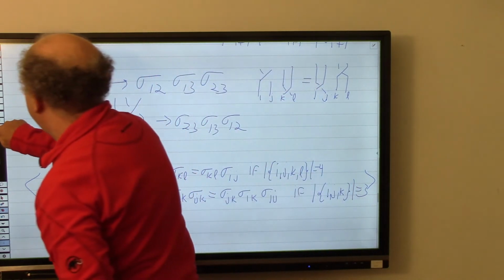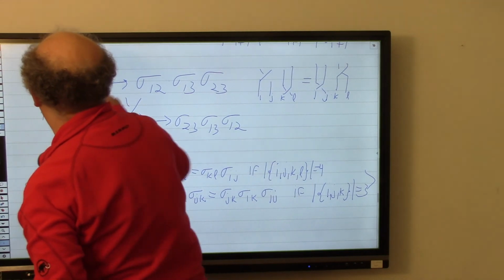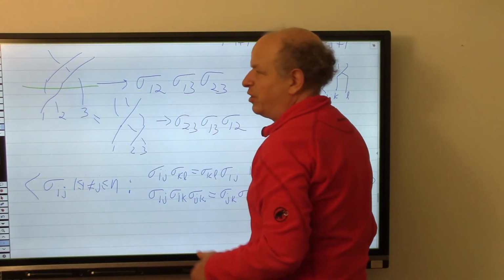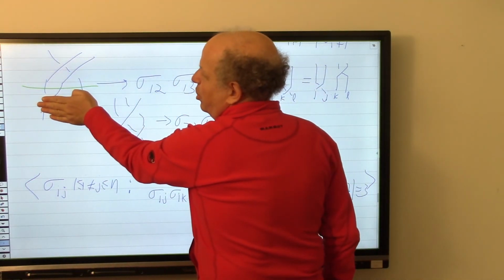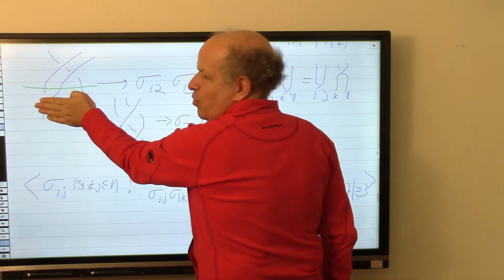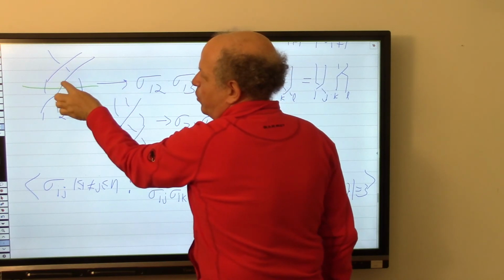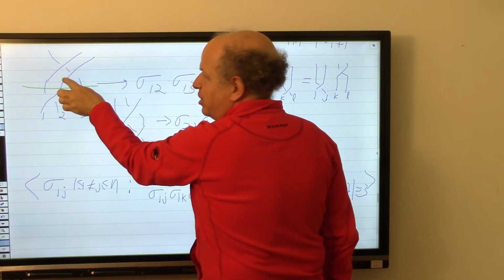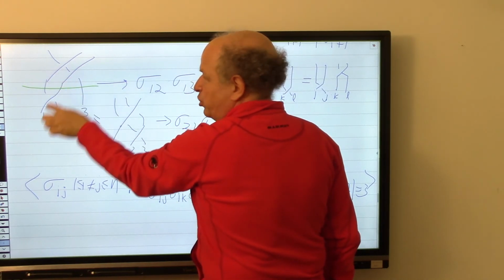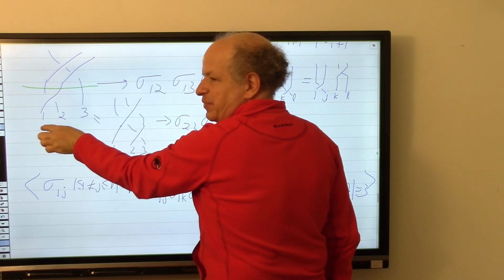Because you see, if I cut this braid right here, what I see on the top, how do I know, by just looking at what I see at the top, whether the strand here is number 1 or 2 or 3? That would depend on what I see on the bottom.